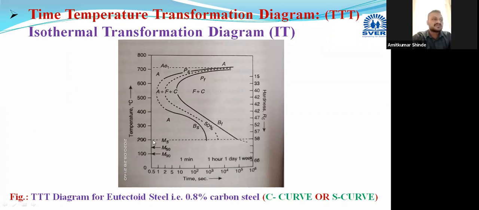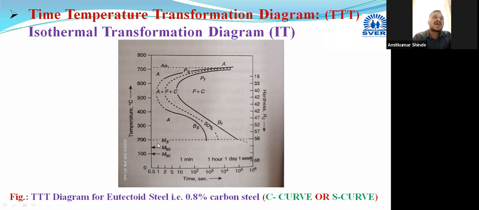And if the transformation temperature is less than this Ms, or 200 degrees Celsius, particularly for this 0.8% eutectoid steel, then we will end up with the martensite phase at room temperature. When the transformation temperature is high, we will get the pearlite phase, and if the transformation temperature is low, we will end up with the martensite phase.